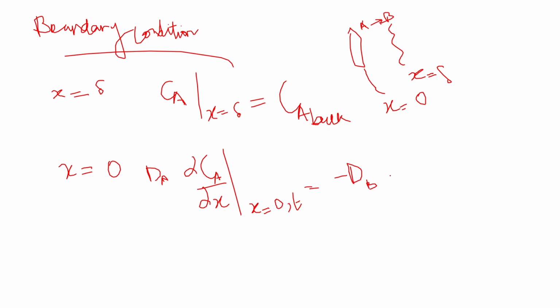One moves in, the other moves out. At any time. So because of this, what happens? A current is developed.